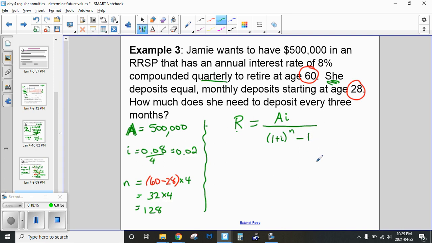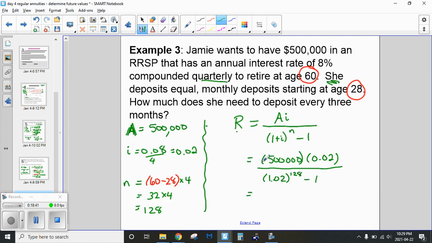So it has all the same parts, just rearranged into a different order. And now I can substitute the stuff that I know. 500,000 for the amount. The interest rate was 0.02. 1.02 is the number in my bracket. The exponent is 128.